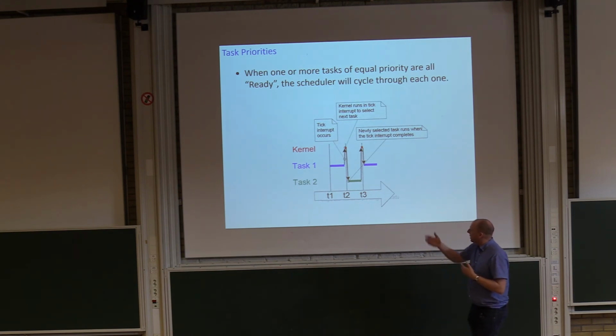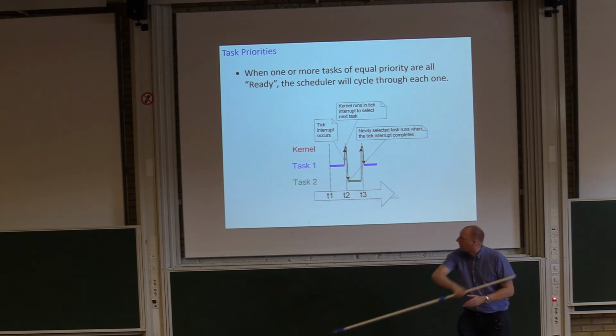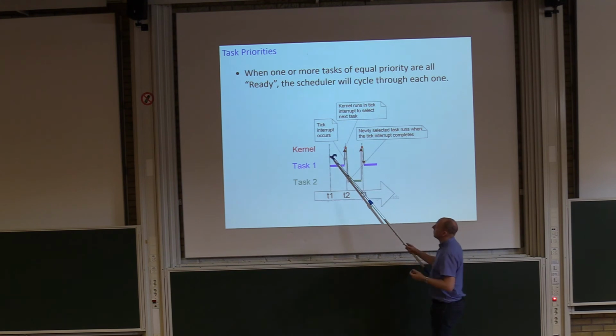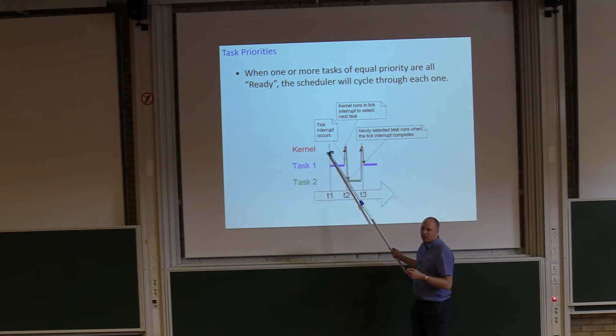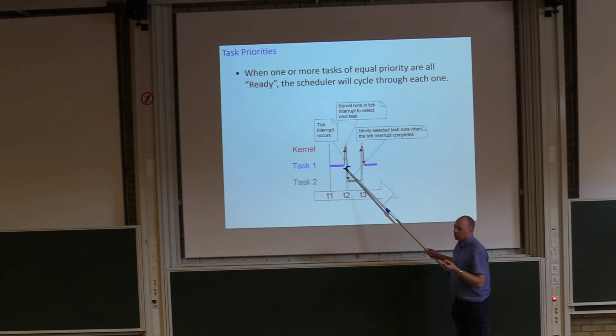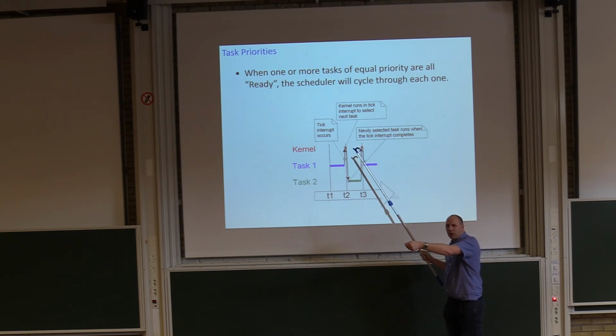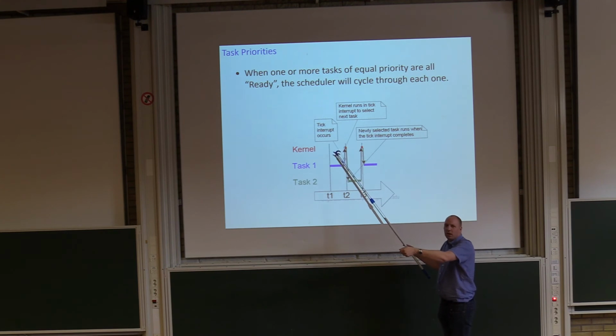Basically, in this case, what will happen is that the kernel will use a timer. It will start to execute task number 1, and then it will tell some hardware circuit, okay, execute some specific part of the kernel when X clock cycles have elapsed.